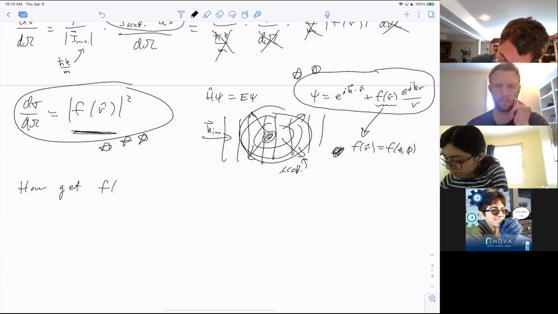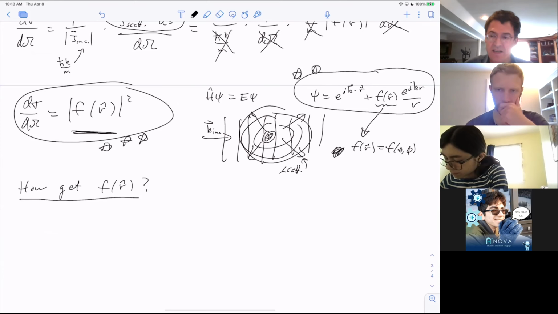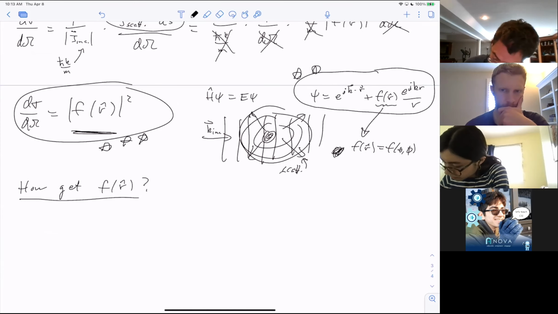Because we still have this little problem. How do we get that thing? How do we get that scattering amplitude? And so let's take a look at this for a moment. Remember from the Green's function treatment, we had that f of k of r hat.